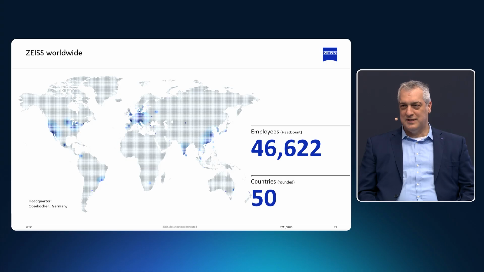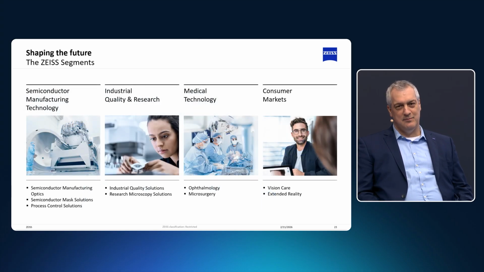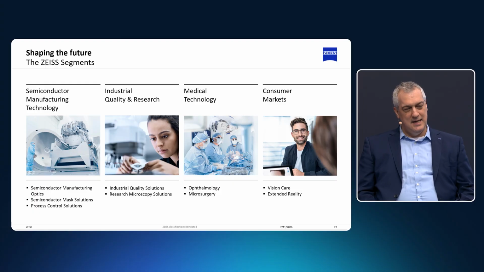Thank you, Patrick. So Akis, people are most likely using your product, but they may not fully know about it. So tell us a little bit more about Carl Zeiss and what you do at Carl Zeiss. Thank you, Samuel. My name is Akis Mistiroudis. I'm the head of the network and connectivity team under corporate IT for Carl Zeiss. We are a global company, one of the leaders in optics and optoelectronics, with more than 46,000 employees in more than 50 countries.